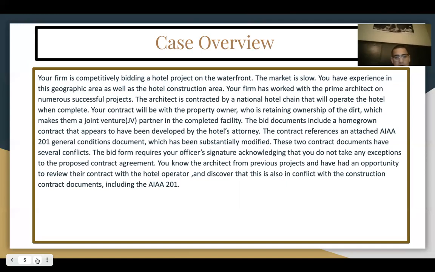The bid form requires your officer's signature acknowledging that you do not want to take exceptions to the proposed contract agreement. You know the architect from previous projects and have had an opportunity to review the contract with the hotel operator and discovered that this is also in conflict with the construction contract documents, including A201. Next slide.